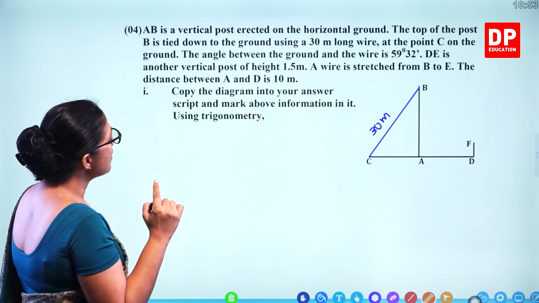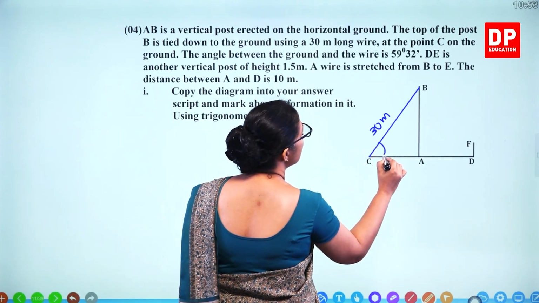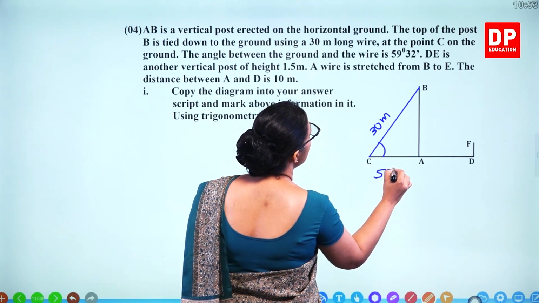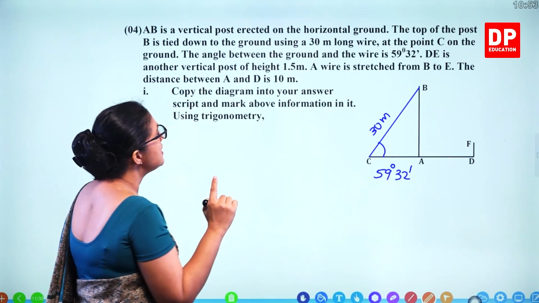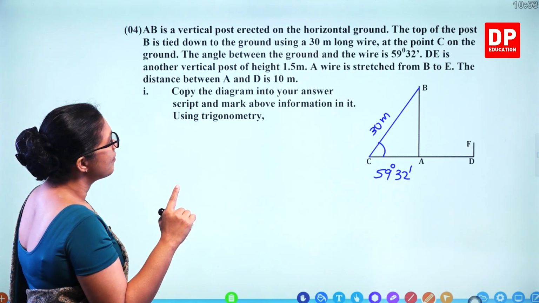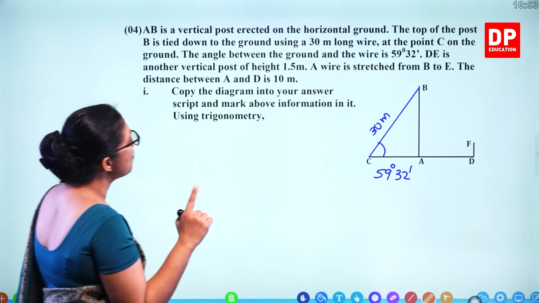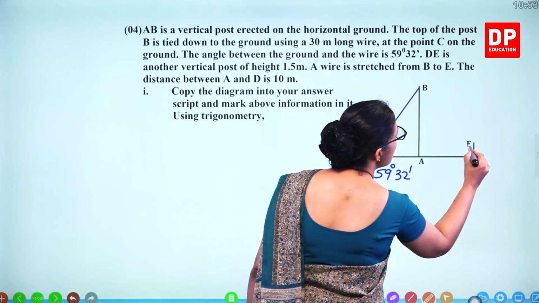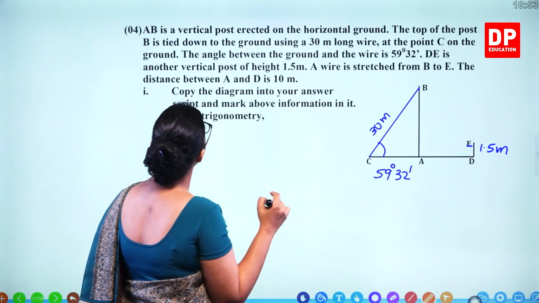The angle between the ground and the wire is 59 degrees and 32 minutes. DE is another vertical post of height 1.5 meters. So this should be E, that's 1.5 meters.